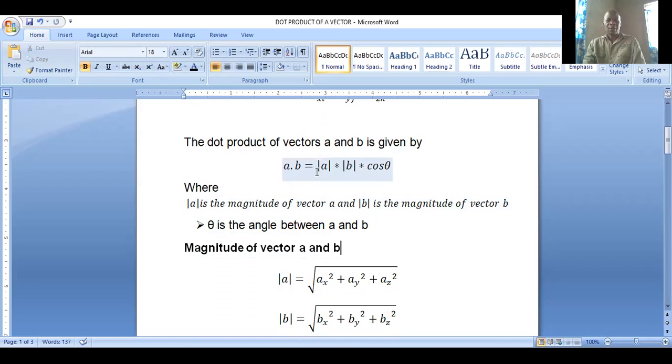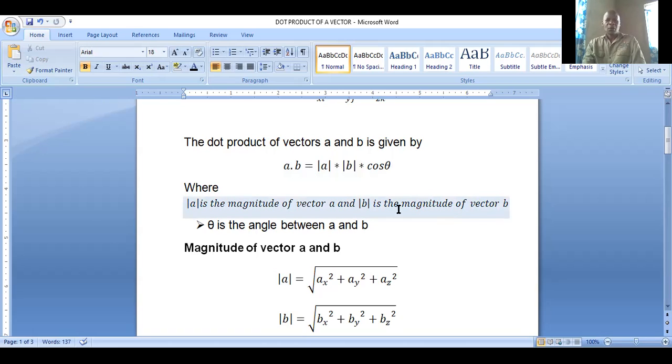So A dot B is equal to the magnitude of vector A multiplied by the magnitude of vector B, and then cos theta, where theta is the angle between the two vectors, A and B.